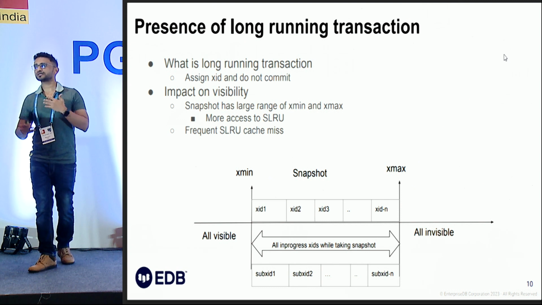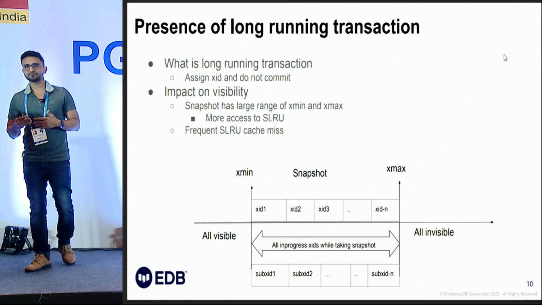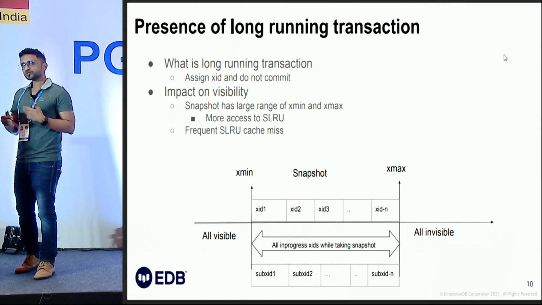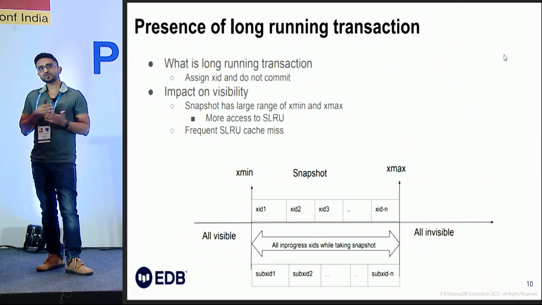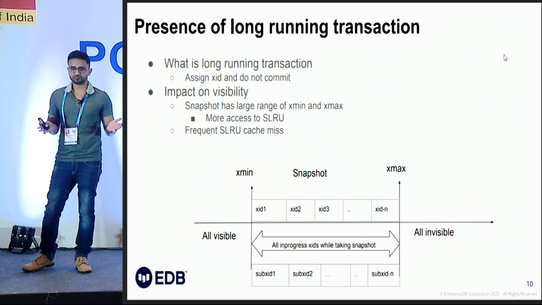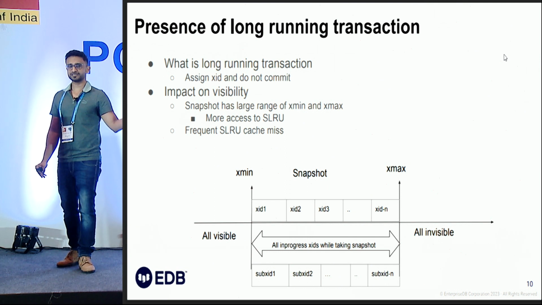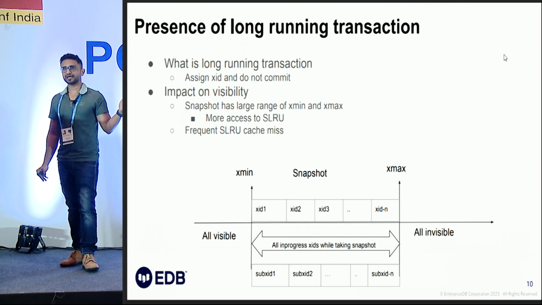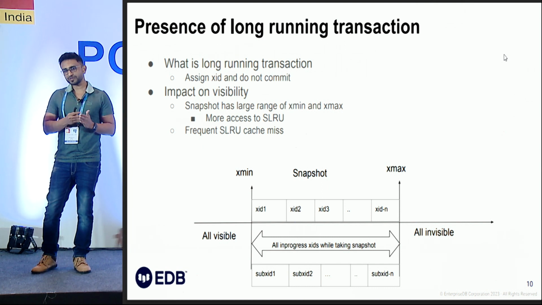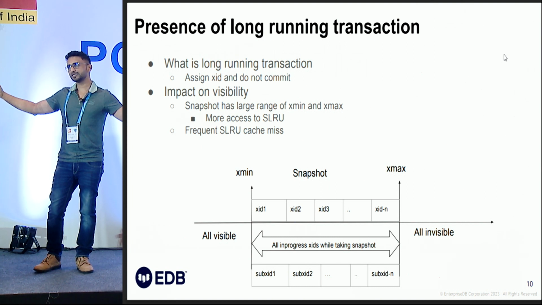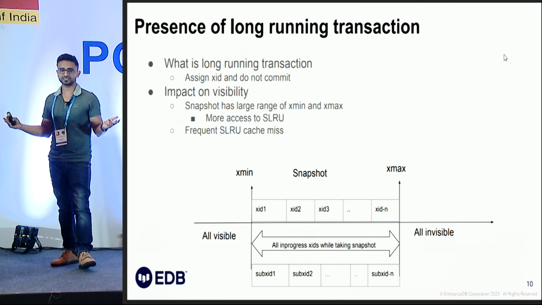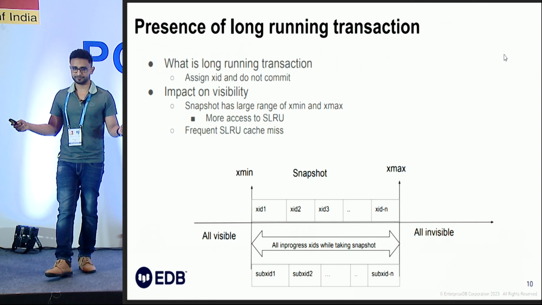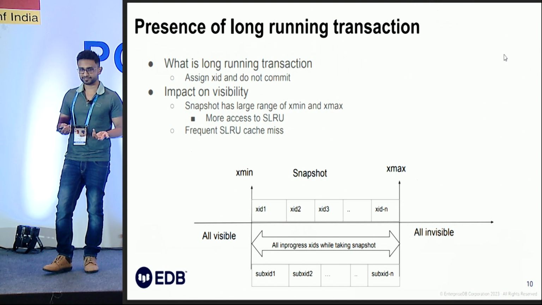In between, if you start a lot of transactions and commit them, most of the transactions are small and short running, they are doing some operations, they are getting committed, everything is fine, but that long running transaction is creating a problem by holding the xmin of the snapshot. The range of xmin and xmax will become really, really huge if you leave the transaction running for a long, long time. And what is the impact of that?